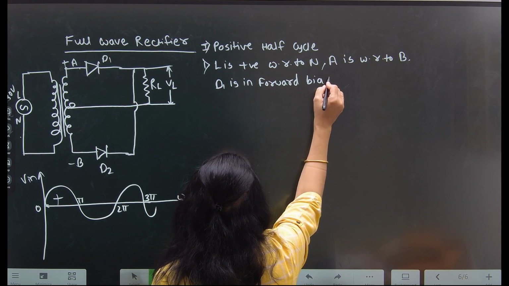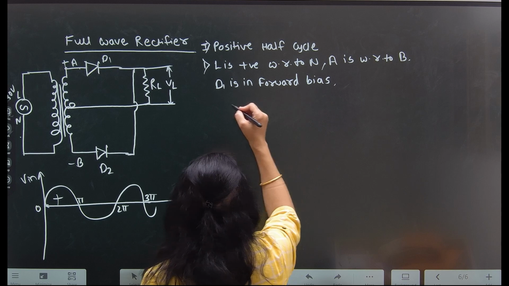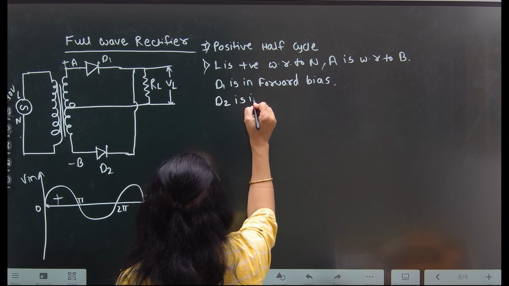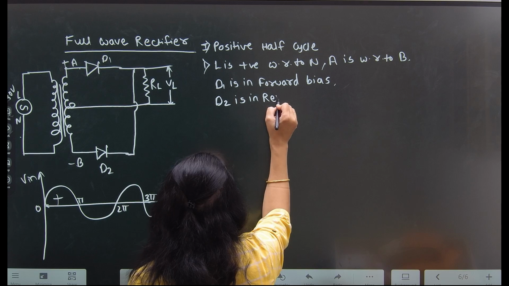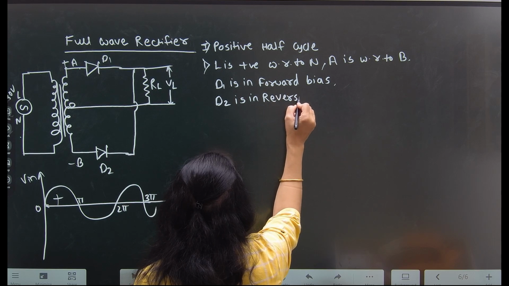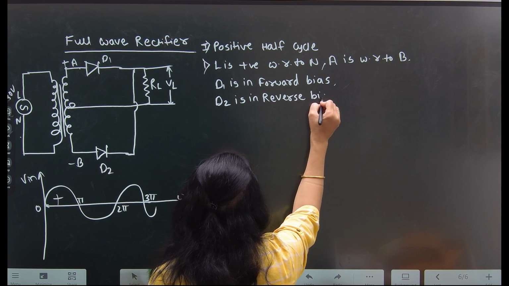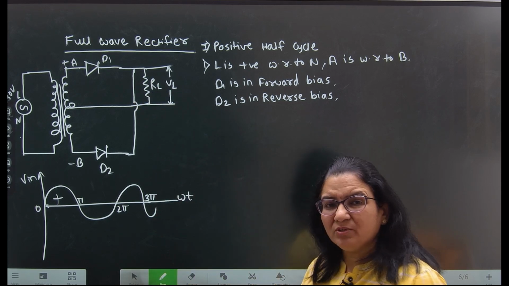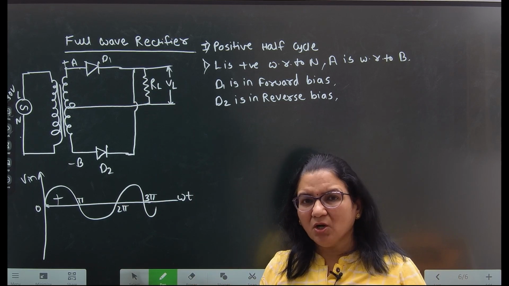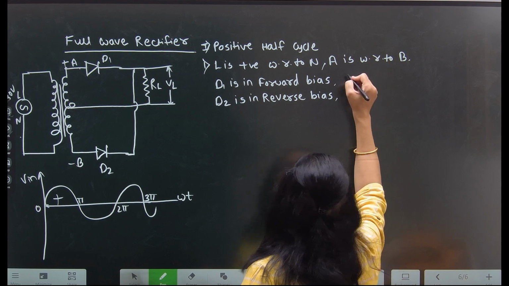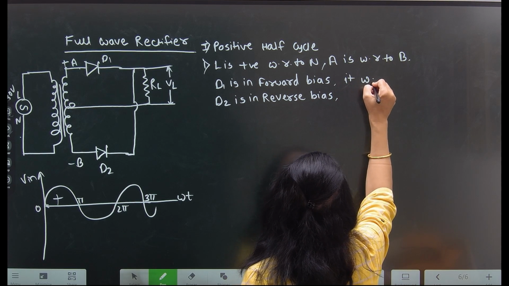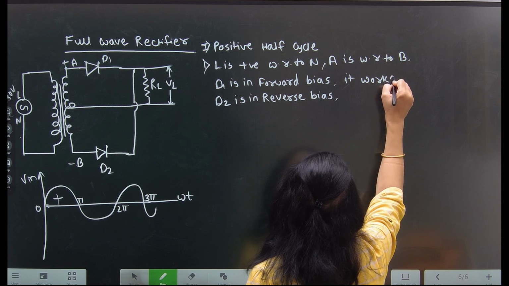And diode D2 is in reverse bias. We know that whenever a diode is in forward bias, it works as an on switch, or closed switch.